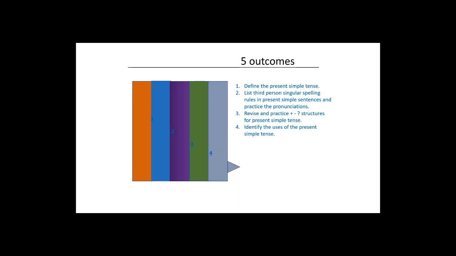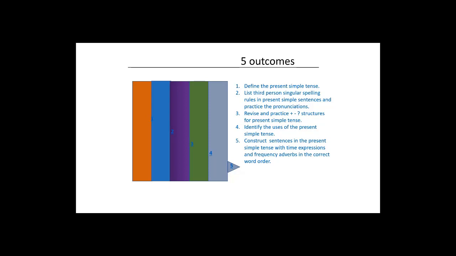And then finally, number 5, we're going to look at constructing sentences in the present simple tense with time expressions and frequency adverbs, looking at the order of the sentences to make sure that when we do put a frequency adverb into a sentence, it is in the correct word order.